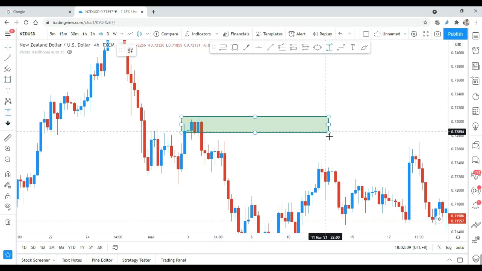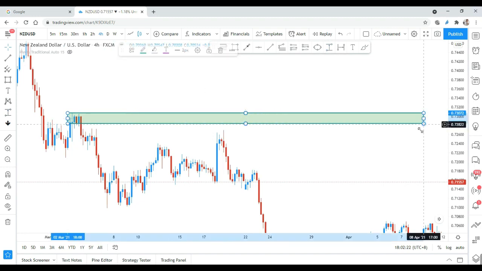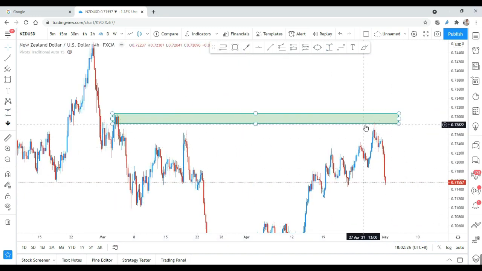Let's look at how many pips this zone is. Just put it in your mind: 20.6 pips. Price came back, touched, and then dropped nicely.